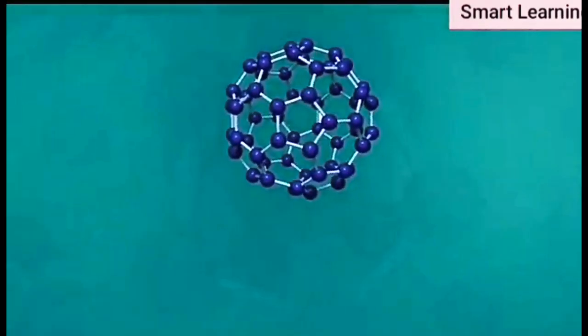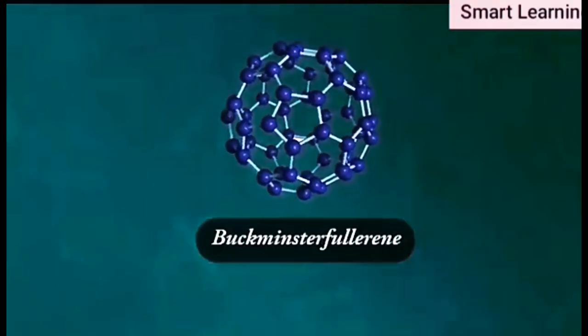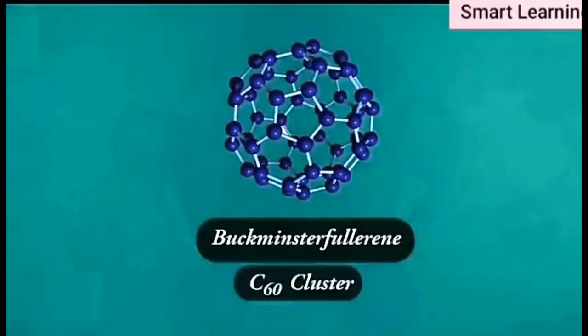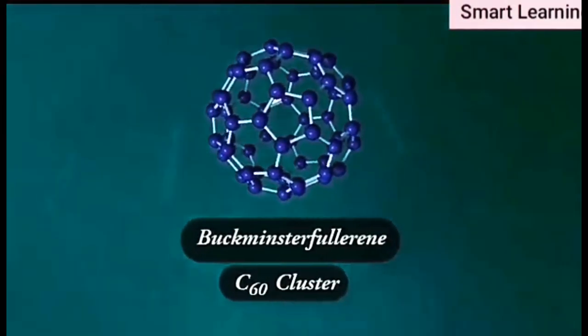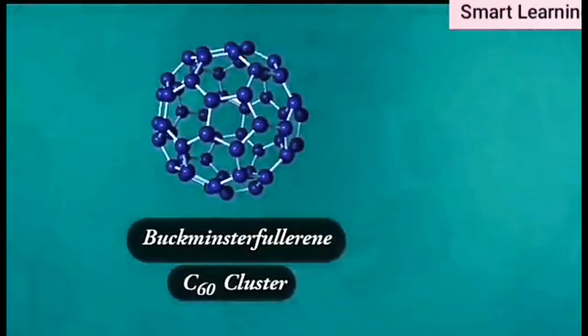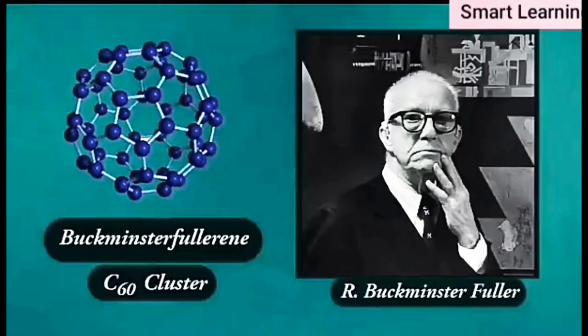For example, Buckminsterfullerene is a common name given to the newly discovered C60 cluster, a form of carbon, noting its structural similarity to the geodesic domes popularized by the famous architect R. Buckminster Fuller.